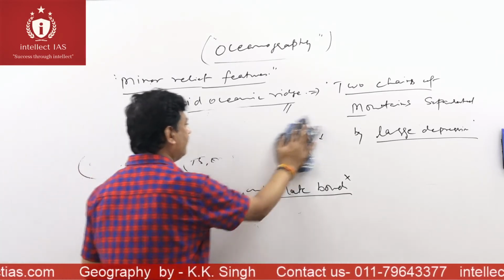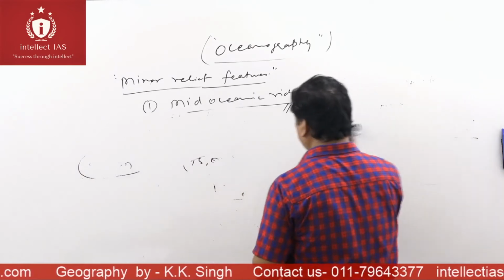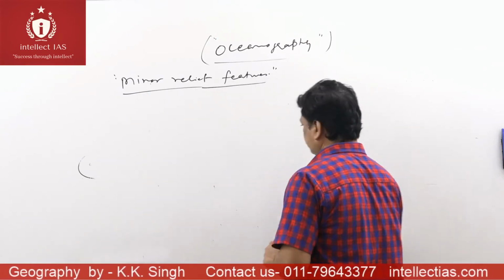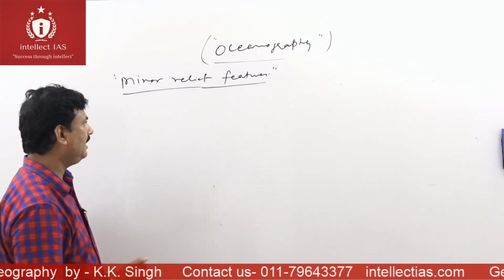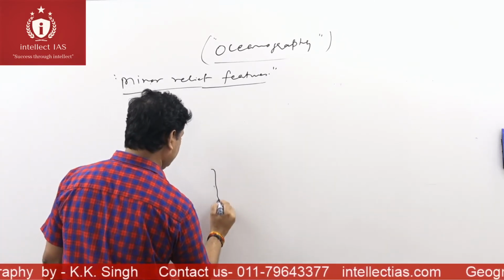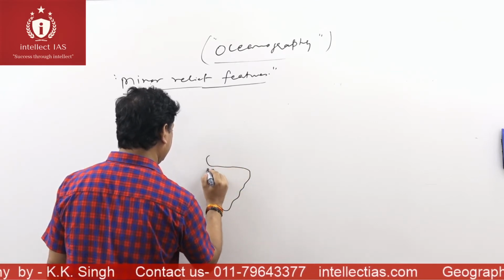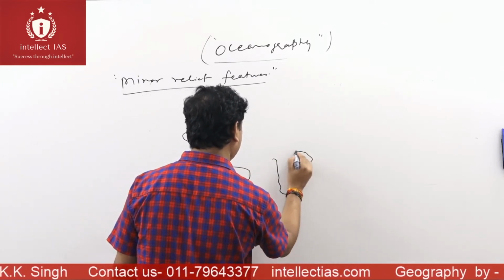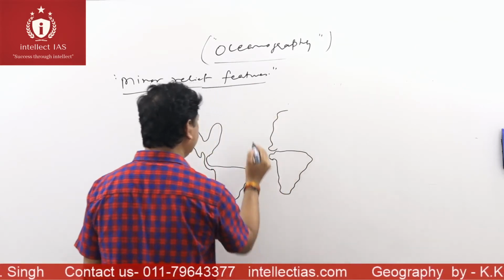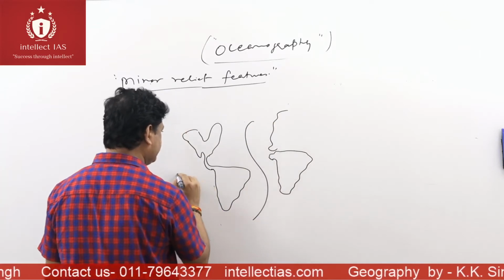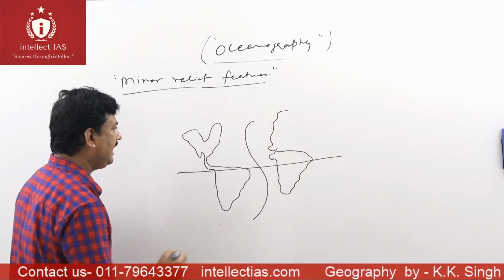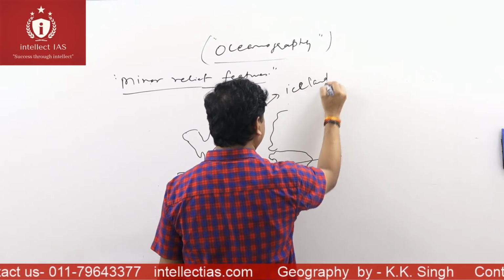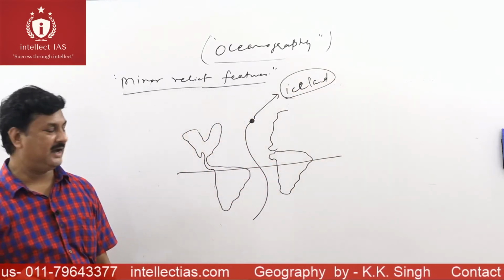Now, the most important mid-oceanic ridge is the Mid-Atlantic Ridge, and this is in the form of an S. Iceland is located here. Iceland is a small country, and the capital of Iceland is Reykjavik.